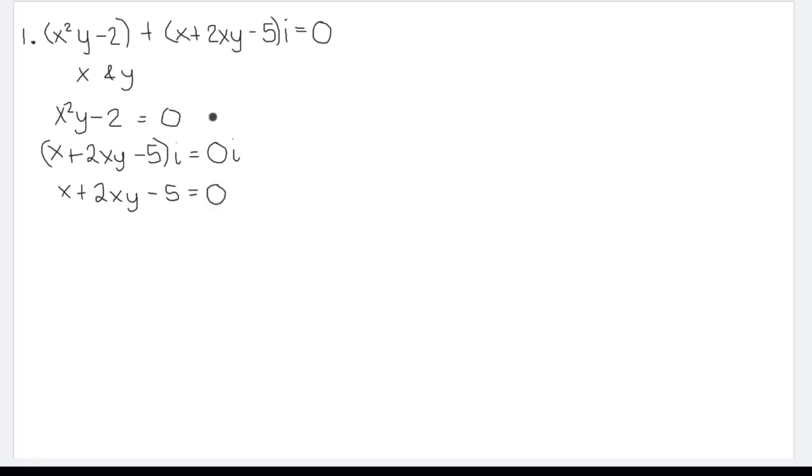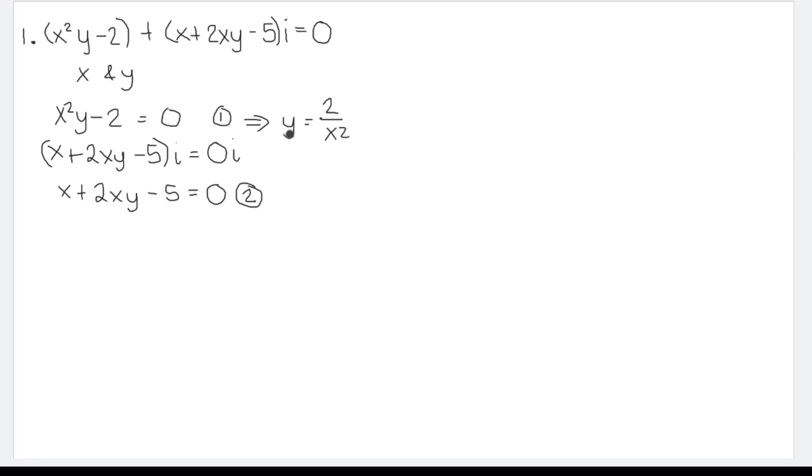So we have first equation and second equation. We have two unknowns and we have two equations, so we can solve for x and y. So first, we simplify equation 1. So we get the value of y is equivalent to, transpose negative 2 to the right hand side, it's 2 over x squared.